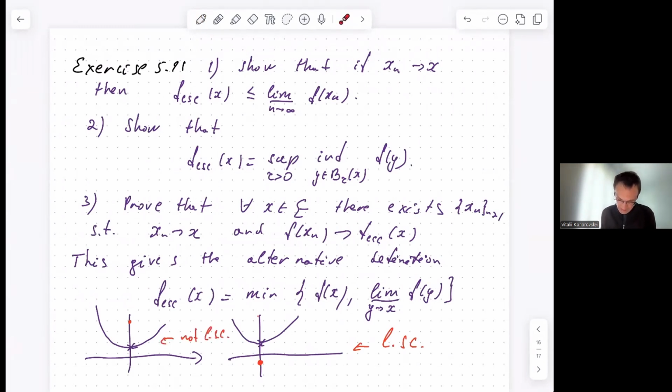To get the lower semi-continuous regularization, you just need to take this point and move it down to the main part of the graph. It is very rough, of course, but at least maybe this will help you to better understand what the lower semi-continuous regularization does, at least in the case when the function is defined on R or on R^d.